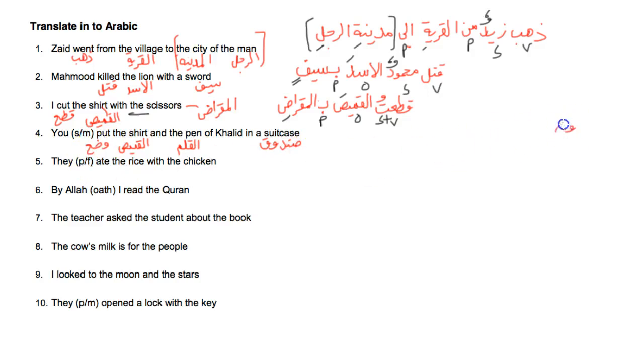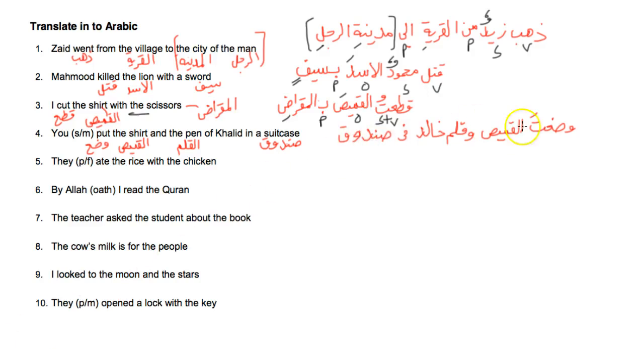So wada'ta al-qamis wa, and the pen. So this is an of rule, this is a pen, qalam, Khalid, in, fi, sunduqin, or fi haqibatin, whatever word you want to use, it's fine.